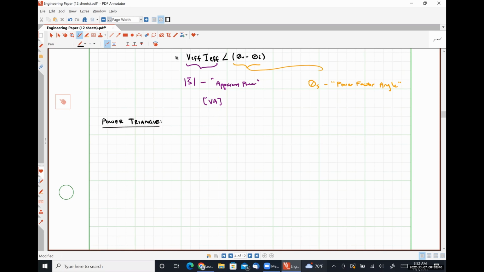So for a generic impedance, here's our real axis, and here is our imaginary axis.